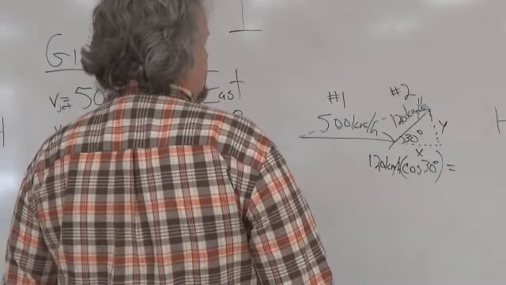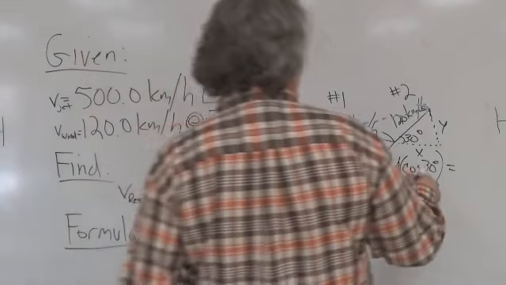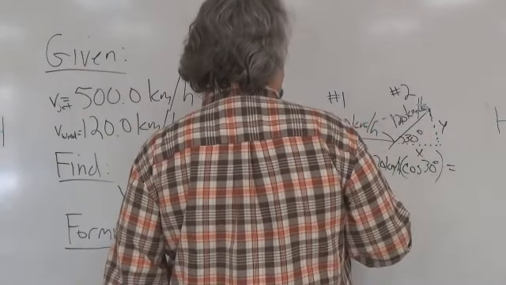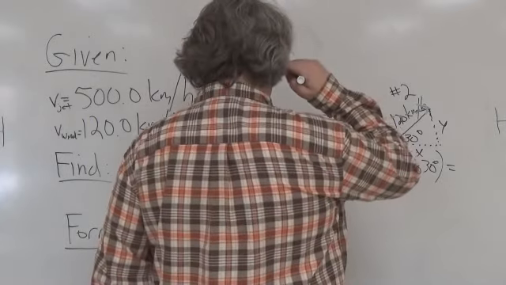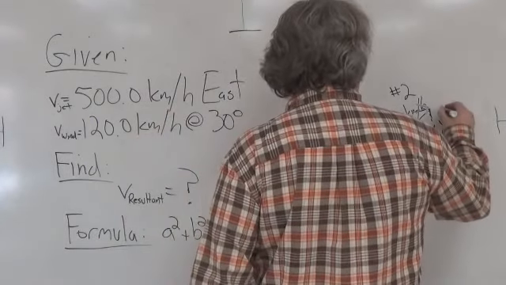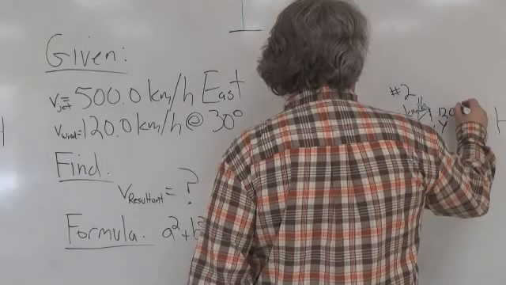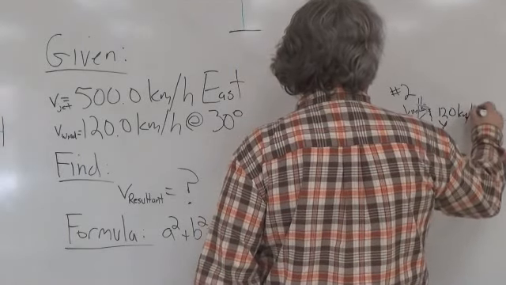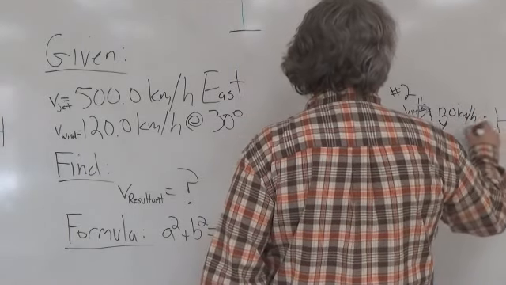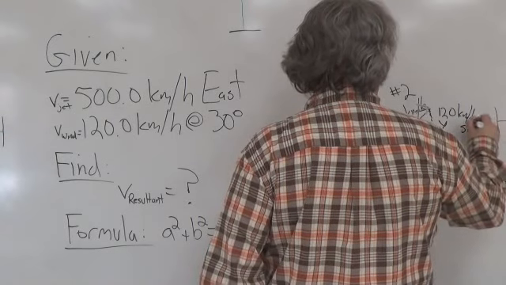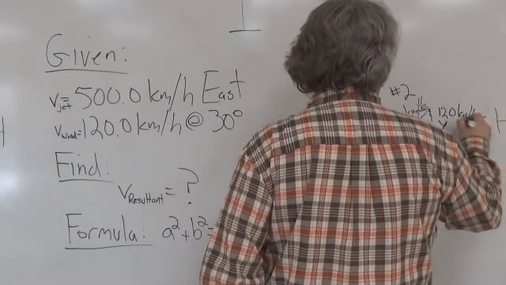That will give me the x component. The y component is opposite of that, so we're going to use sine. I'm going to take the 120 kilometers per hour and multiply it by sine 30 degrees.